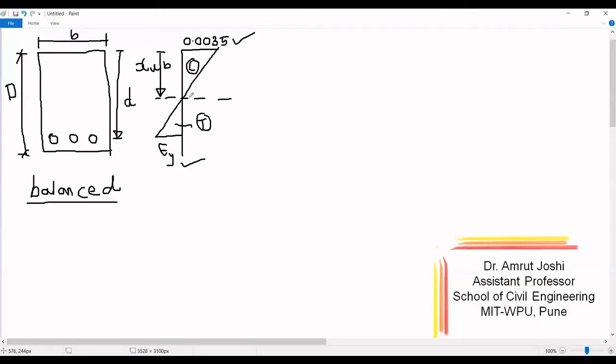Now, let us apply similarity of triangles to the triangle on the compression side and the triangle on the tension side. This distance is going to be d minus xub.